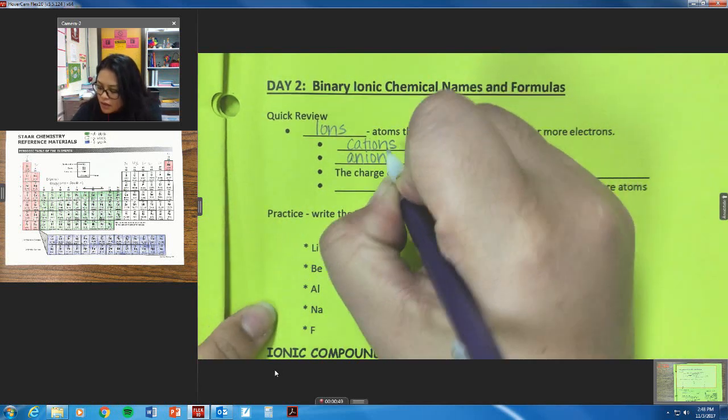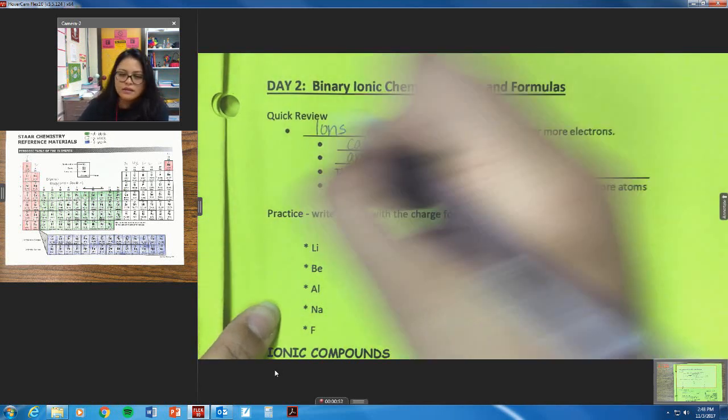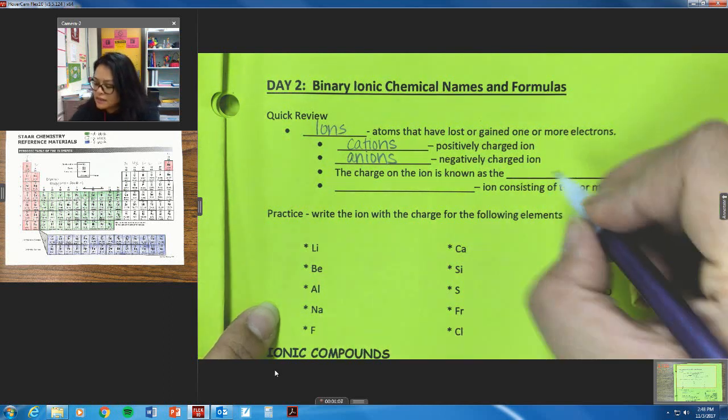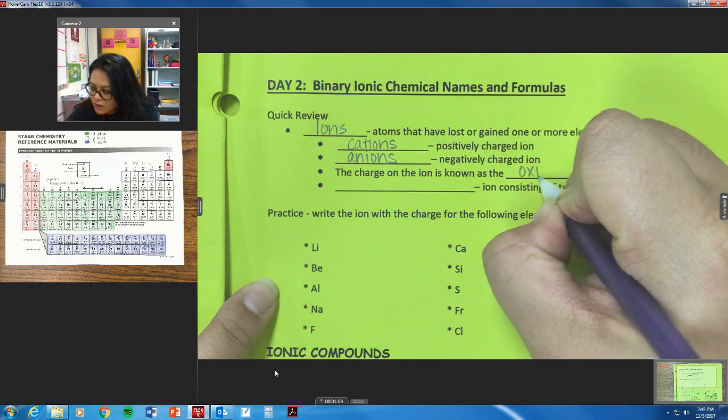I tell you guys that anions kind of sound like ants, and when ants bite you, that's a bad thing. They hurt, so it gives a negative connotation. So anions are negative. And then a charge on an ion is known as the oxidation number.